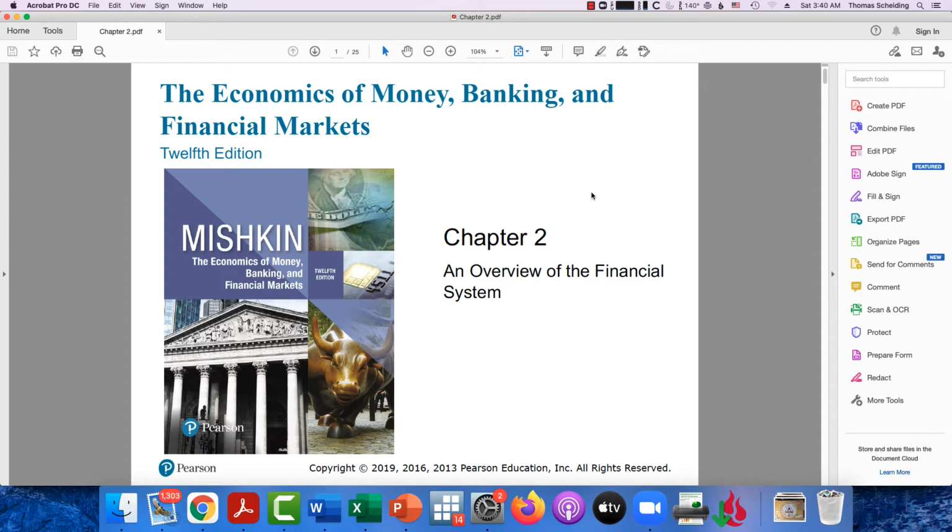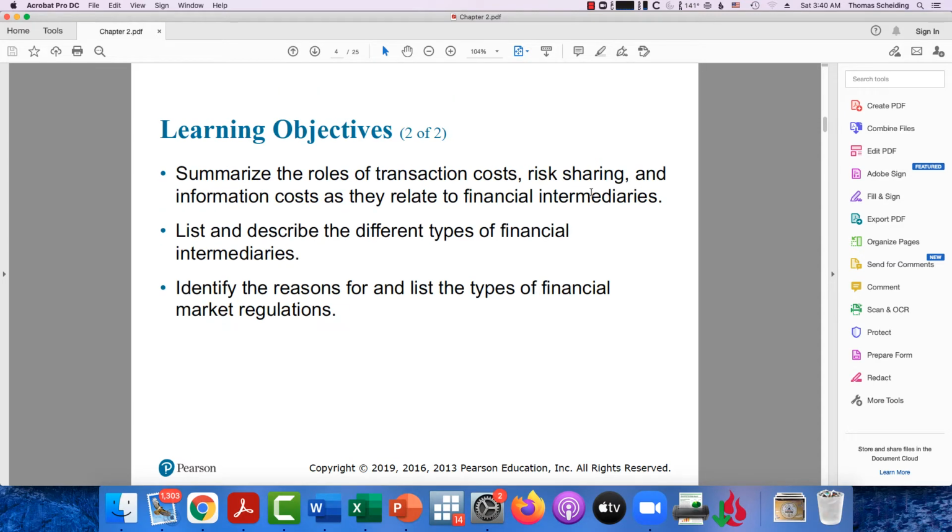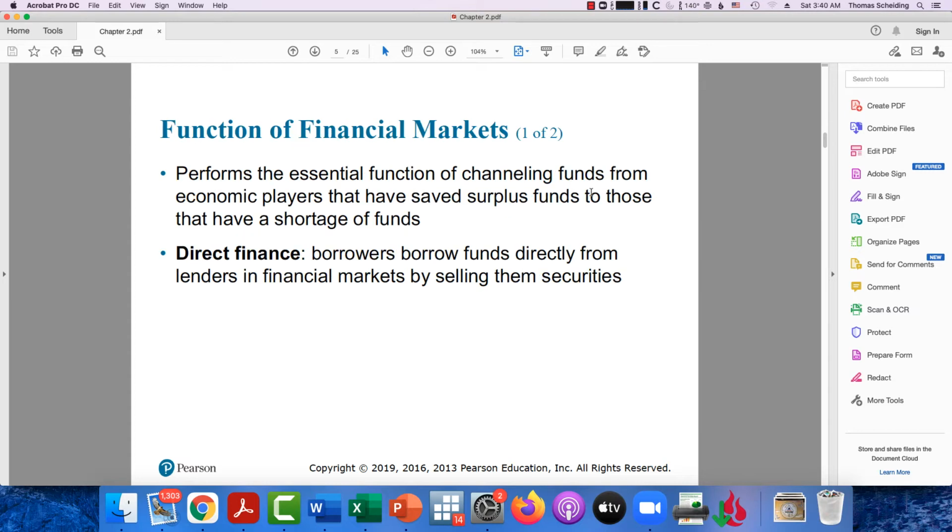So in this chapter, we're providing the broadest of overviews of what the financial system looks like, what it is. I'm going to skip over these objectives, presuming that you can read them. Essentially, what financial markets do is they find connections.